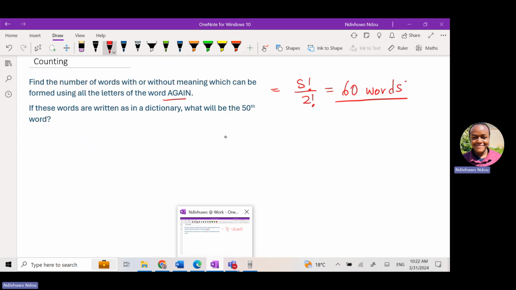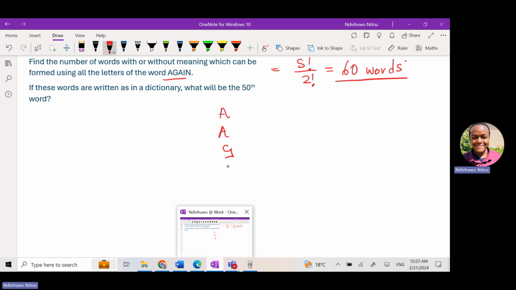So what we can do first is, if we are arranging in alphabetical order, obviously we have to start with A. Then the following letter will be G, in alphabetical order.